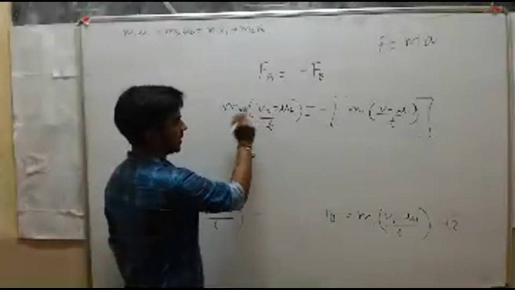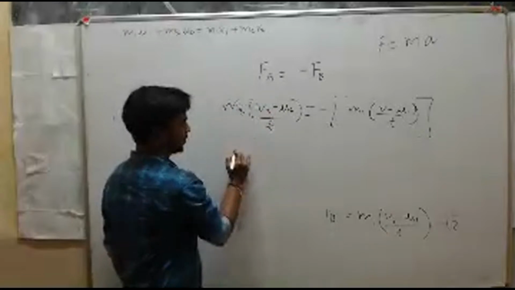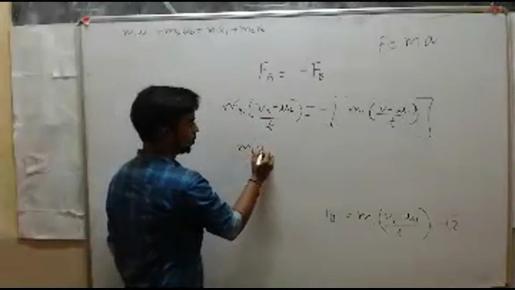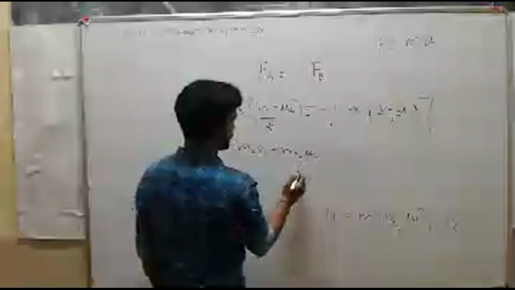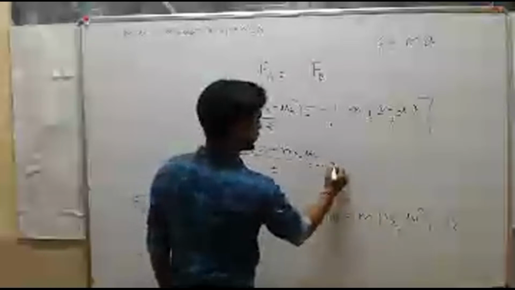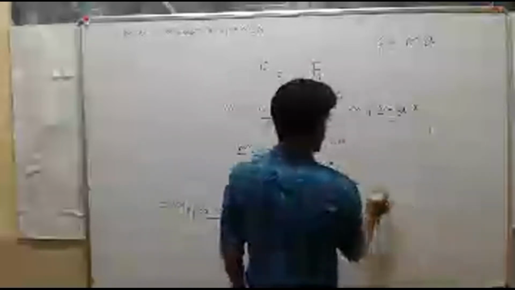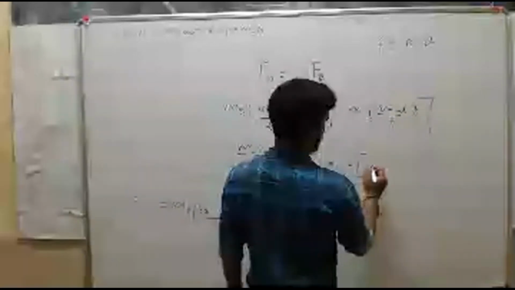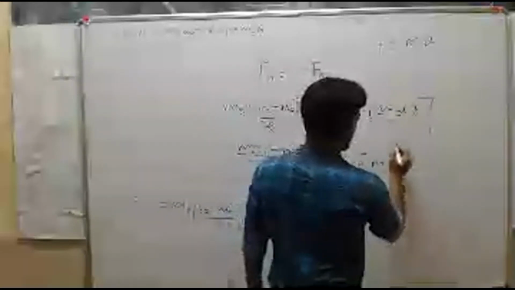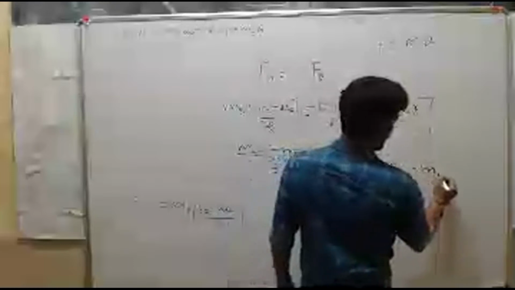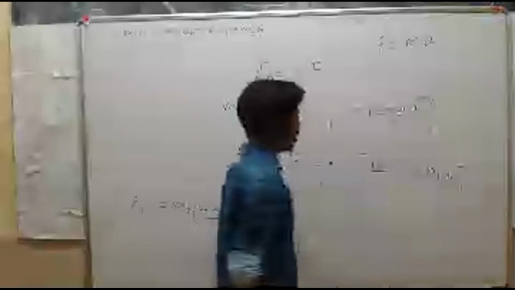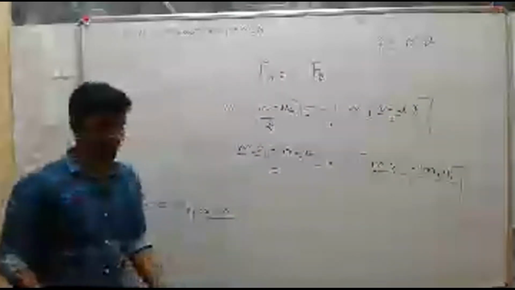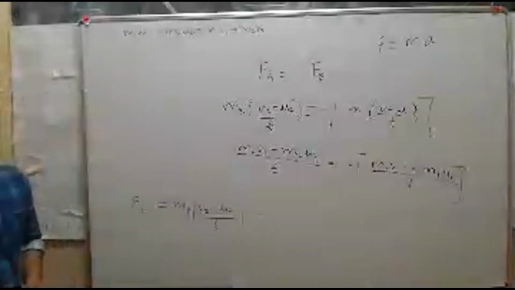Now first multiply m2 here. When you multiply m2 into v2, we get m2 v2 minus m2 u2, then the whole divided by t. Clear? Next, keep the minus outside, that is m1 v1 minus m1 u1 divided by t.